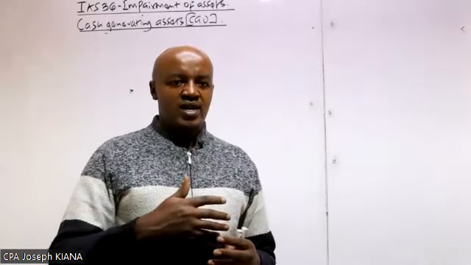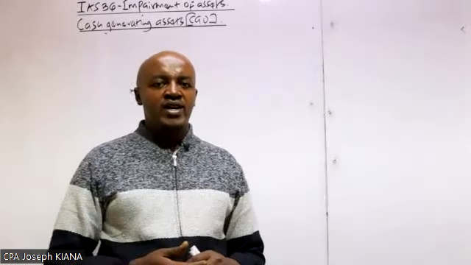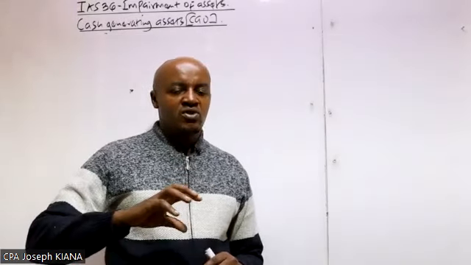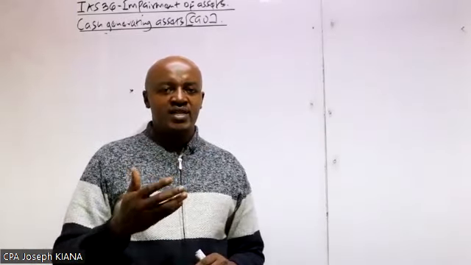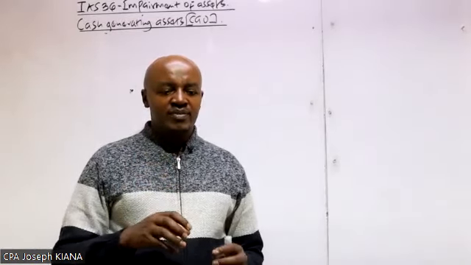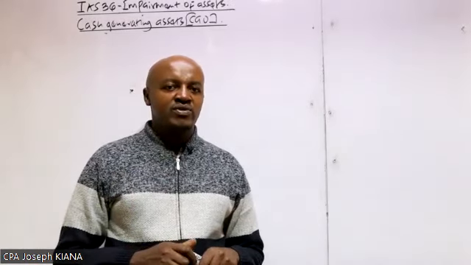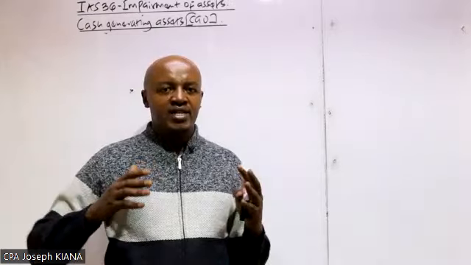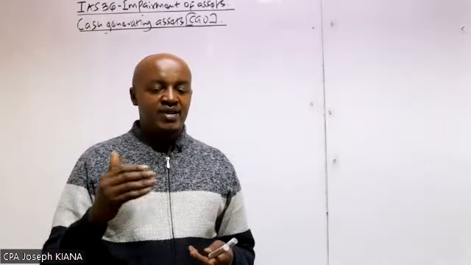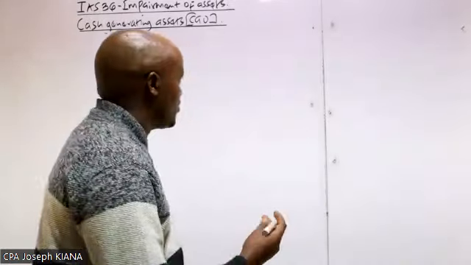And therefore, when determining the impairment loss of a CGU, we determine the impairment loss of the entire group of assets and not an individual asset within that particular group, simply because when determining the impairment of an asset, if you can remember what we did in our previous session, you must have cash flows generated by that particular asset.